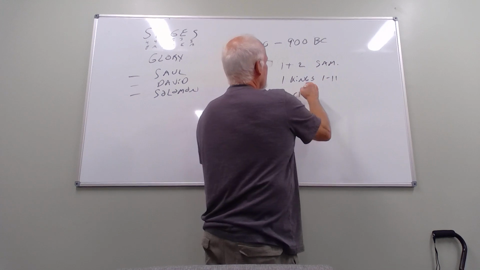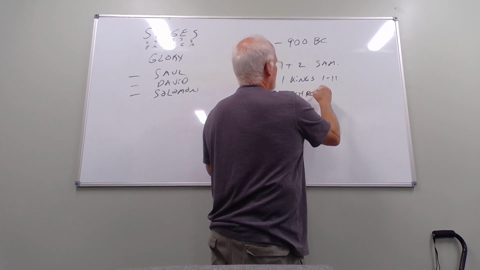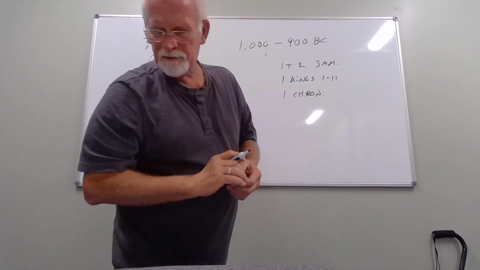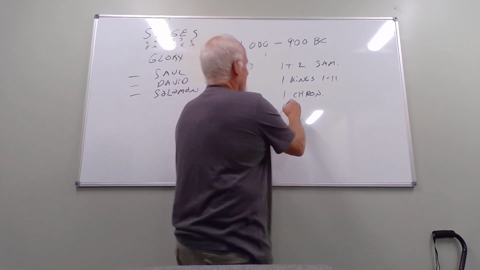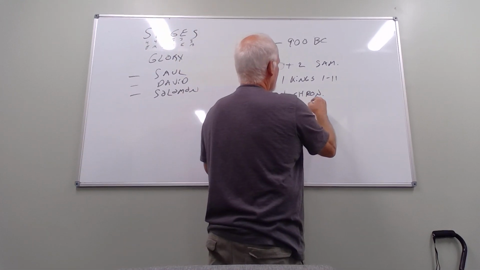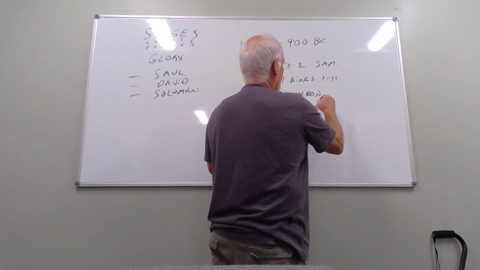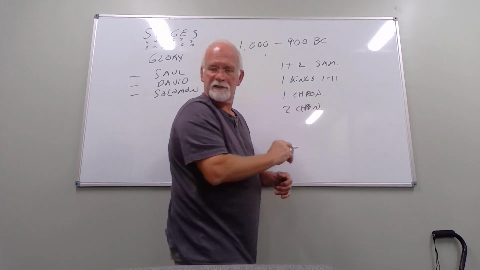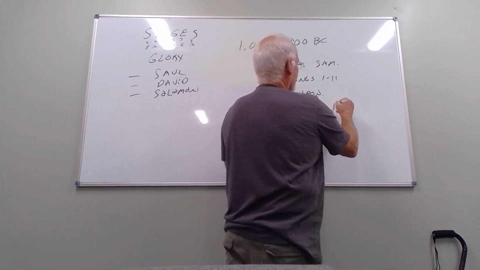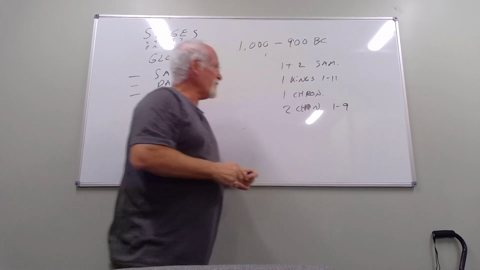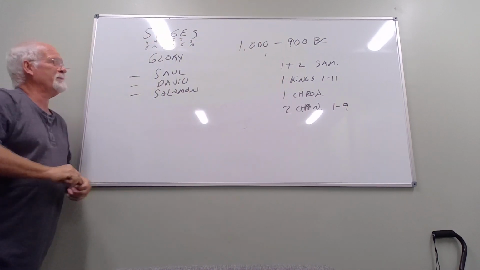First Chronicles, pretty much the whole book of Chronicles, and then Second Chronicles, basically just chapters 1 to 9. But there's a lot of things recorded over a period of time.